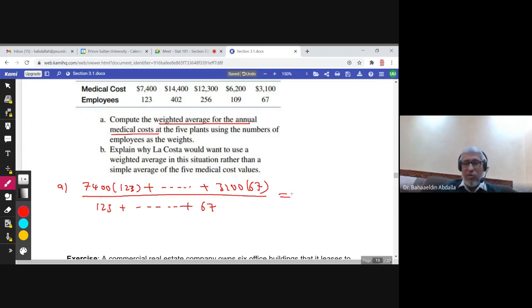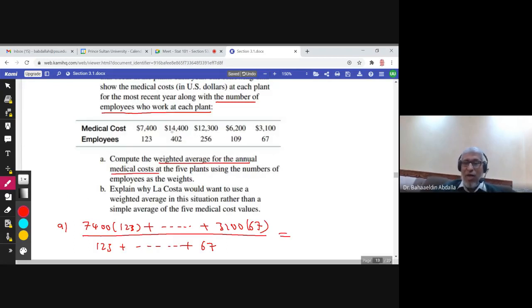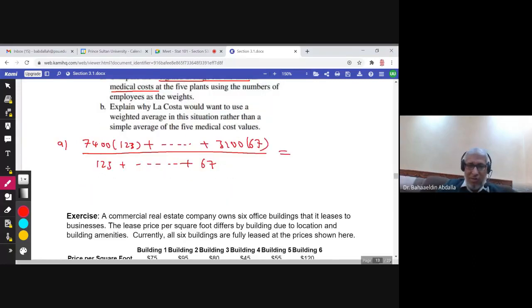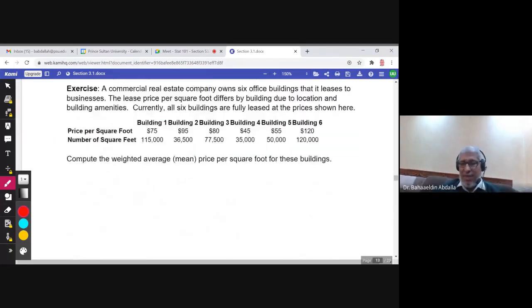And by this, you get the weighted average. Explain why La Costa would want to use a weighted average. Of course, because the number of employees should be taken into consideration. A plant with a larger number of employees should have more medical cost than the other one. This is something trivial.